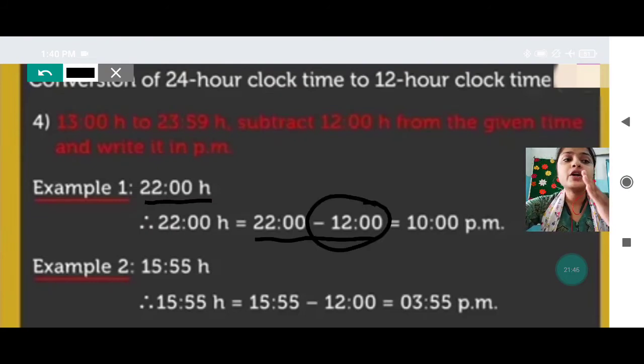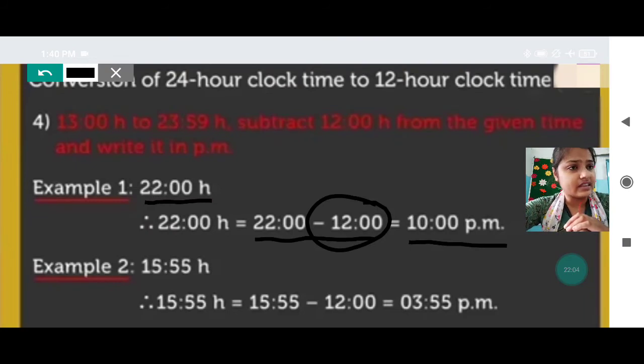Whatever you get after subtracting 12 will be in 12-hour clock.